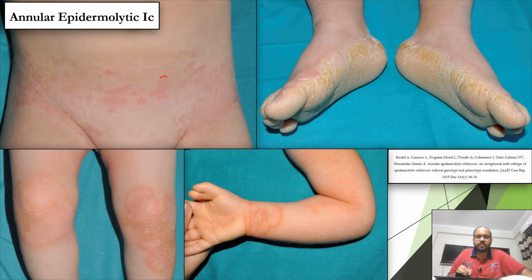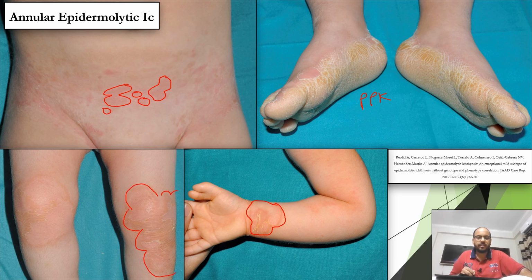So look at this picture, this kind of cyclic, circular lesions over the flexural areas, trunk and extremities. You have palmoplantar keratoderma. Look at this palmoplantar keratoderma. In fact, here also you can see cyclic lesions over the wrist. You can also see cyclic lesions with scalloped or rounded margins over the knees.